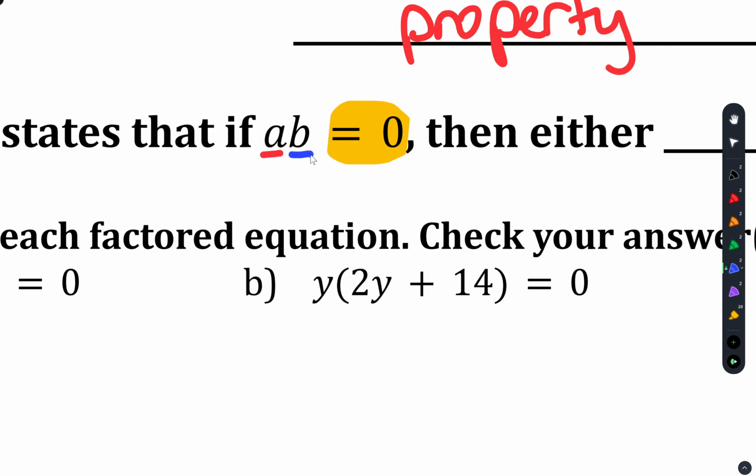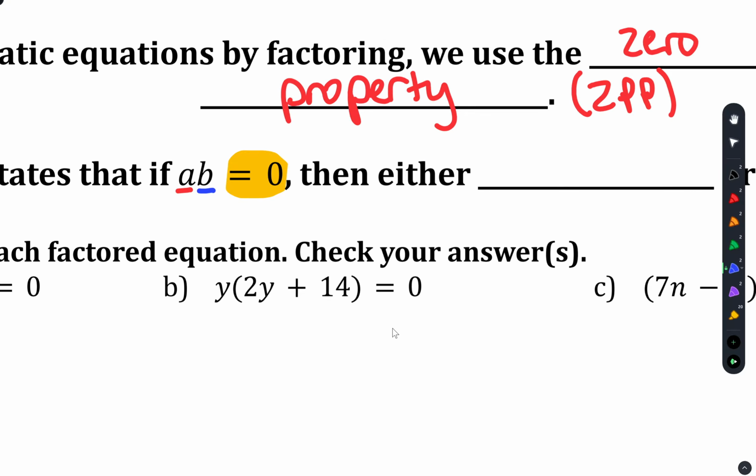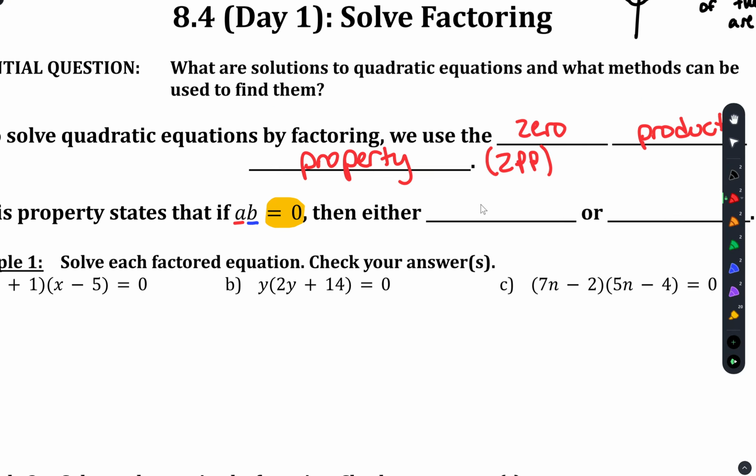If it was 0 times b, it would equal 0. 0 times 0 is also 0. So either a is 0 or b is 0, or maybe both of them are 0. That's the zero product property. The important part here is that we have that equals 0.